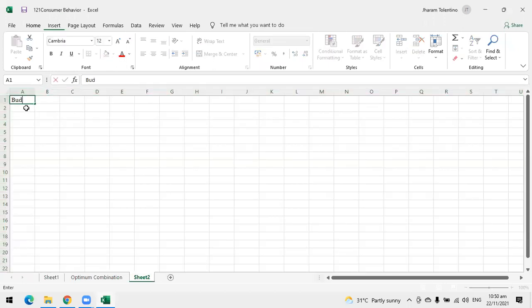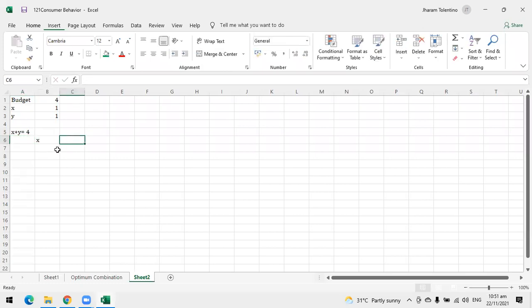Okay, so budget is 4 pesos. The price of X and Y is piso. Yan. Ano gagawin mo lang dyan? Gawa ka lang ng formula. That is X plus Y is equal to 4 pesos.